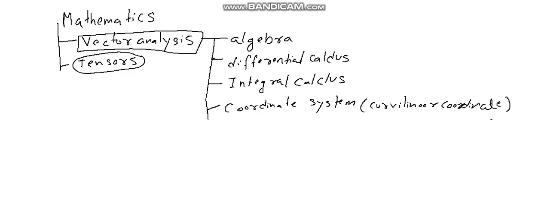We'll see how special coordinate systems like the Cartesian, spherical polar, and cylindrical coordinates can be derived from this curvilinear coordinate system. We will also see a little bit about the Dirac delta function.